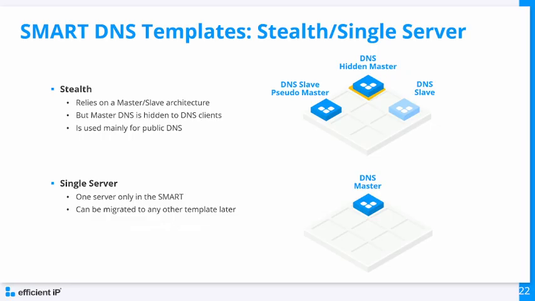So it's a master-slave architecture, just that the NS record of the zone is actually the slave hostname. So that is a stealth. Again, normally we use it for the public, to avoid attacks from the public on your public website, public DNS server.